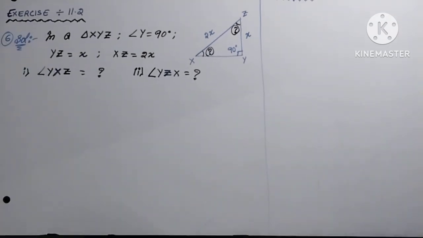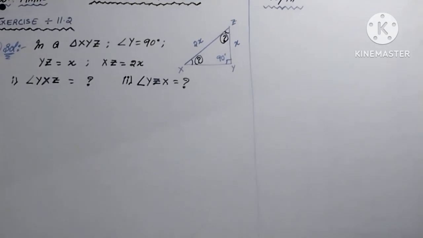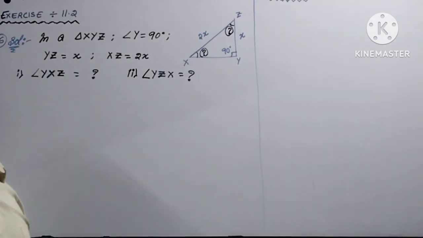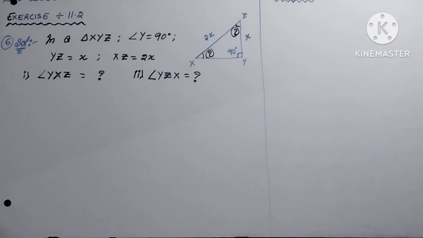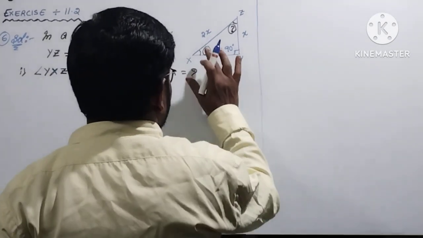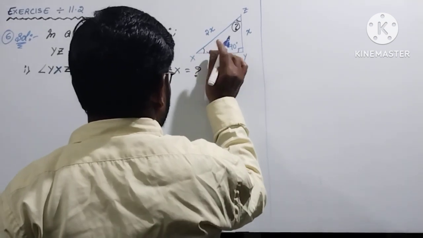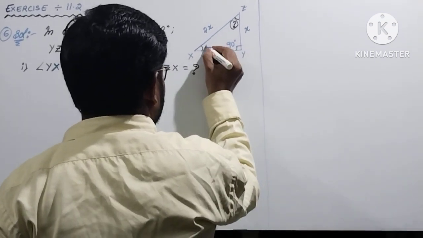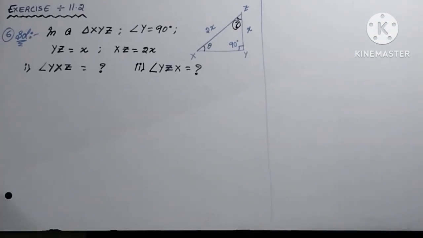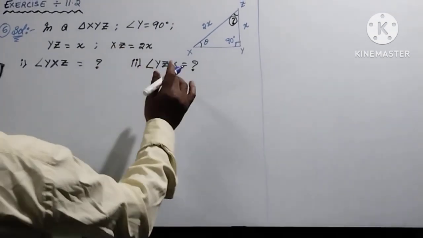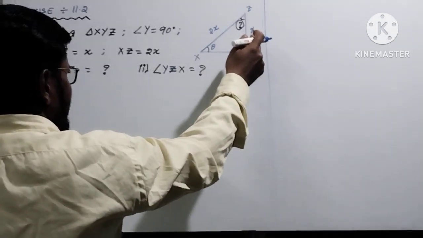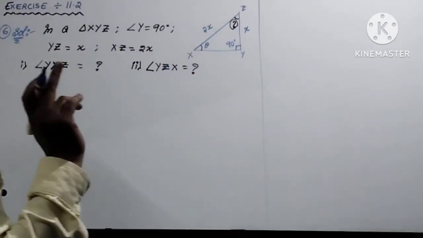Suppose I use X as theta. I have to find the theta value. If I take this X as theta, then this side is the opposite side and this side is the hypotenuse.